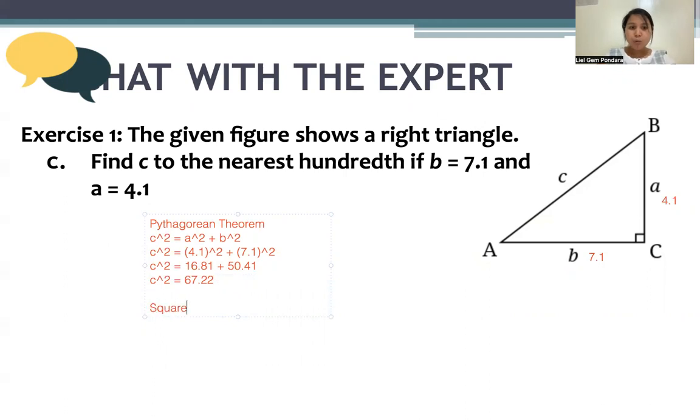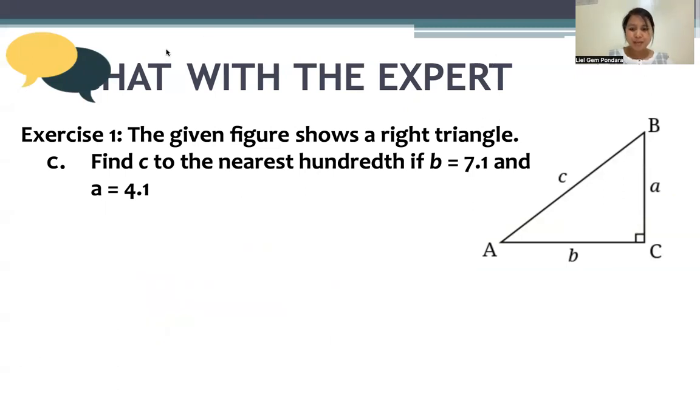But again, we need to find the square root of both sides. Square root of C squared is C, while the square root of 67.22 is 8.20. Or we can just say it's approximately 8.20. That's the value of our C.